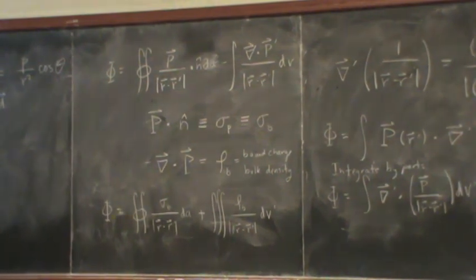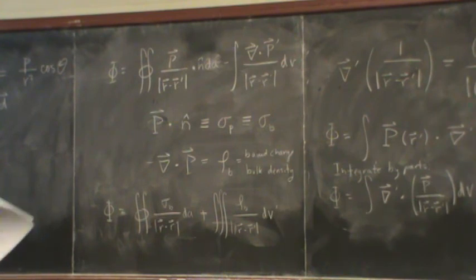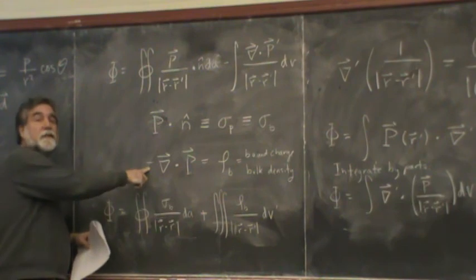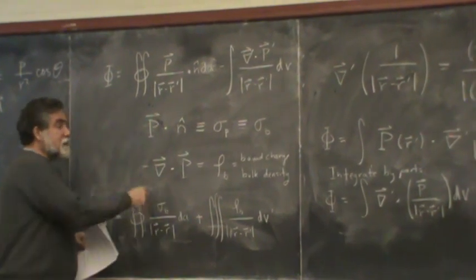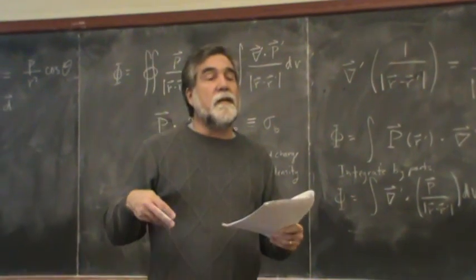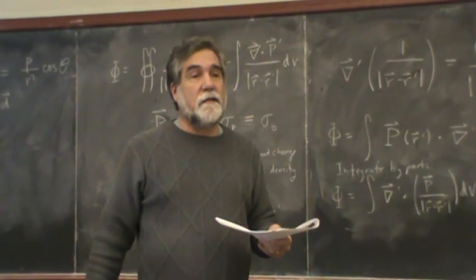Over the volume. Yes, Calvin? Would that be a minus volume integral? No. I didn't make a mistake there, because there's a minus sign here in the definition of the density. And that's to make this have the same form as the relationship between the electric field and the charge density.